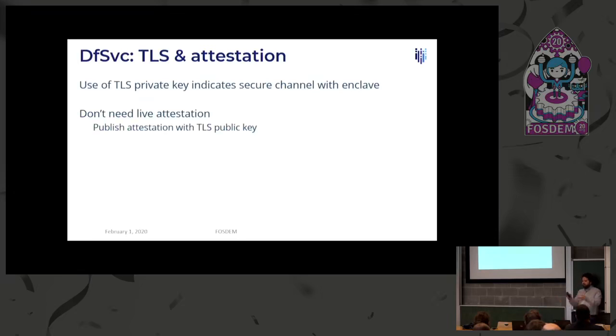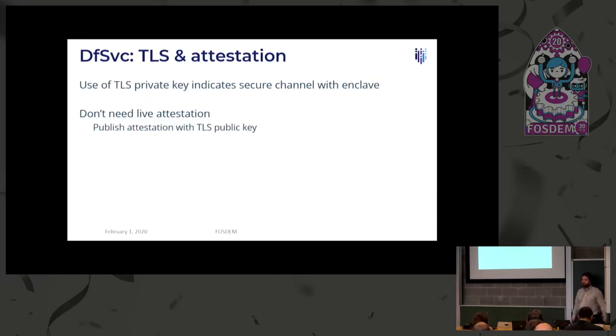Because the secure enclave is the only one that has access to this key. So you don't actually need to do a live remote attestation challenge if you use this scheme. You can just attest to the public key. The enclave can have its public key attested to once, and then you can rely on that going forward. And then you can just set up a standard TLS connection, right?